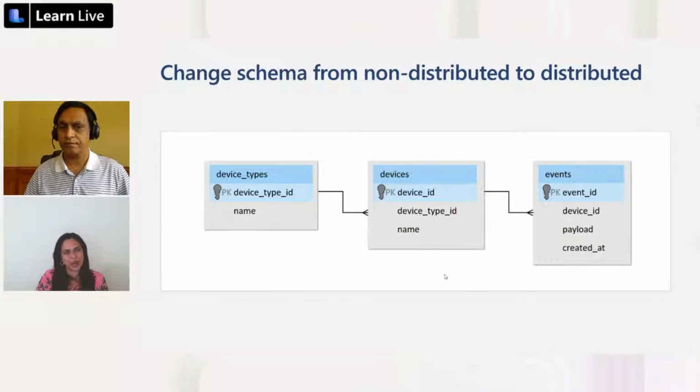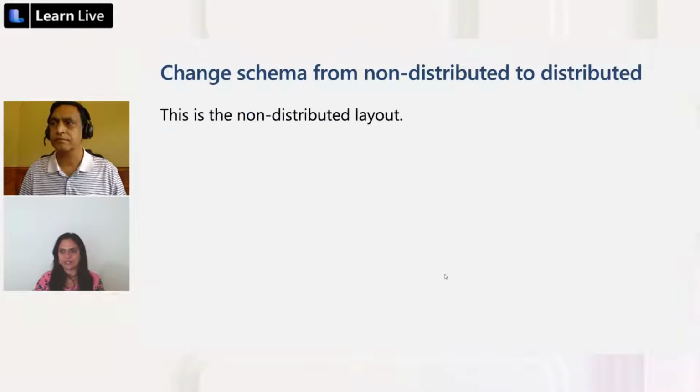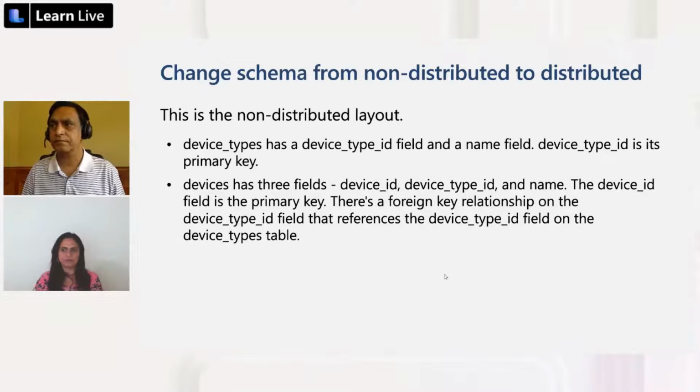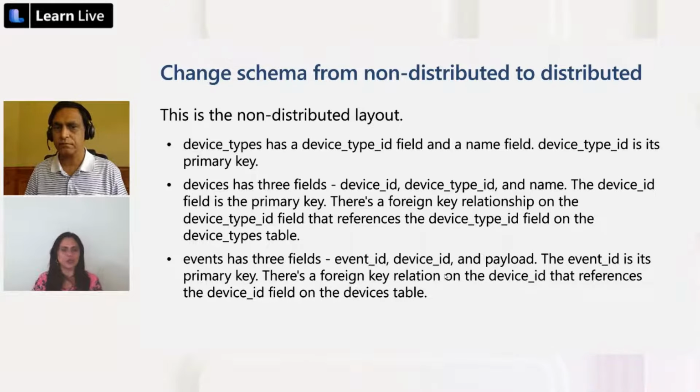But then if you're taking it on the device ID, how would you have a primary key that allows for uniqueness? So for that, we create a composite key, which is the device ID plus the event ID, right? So that's the relationship between those three distributed tables, or when you convert them into a distributed table.